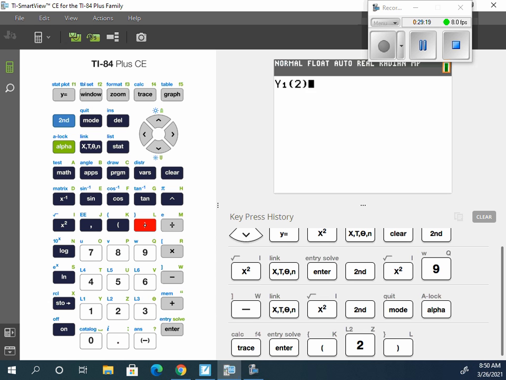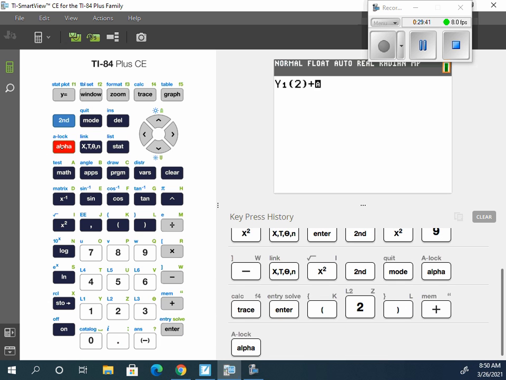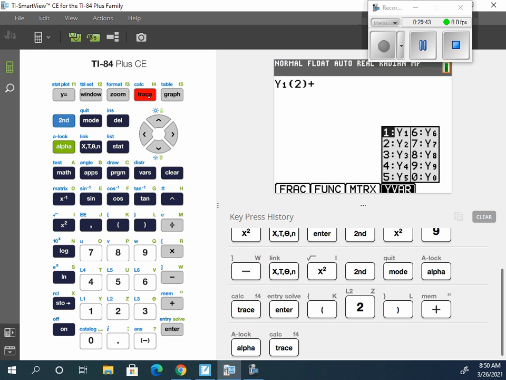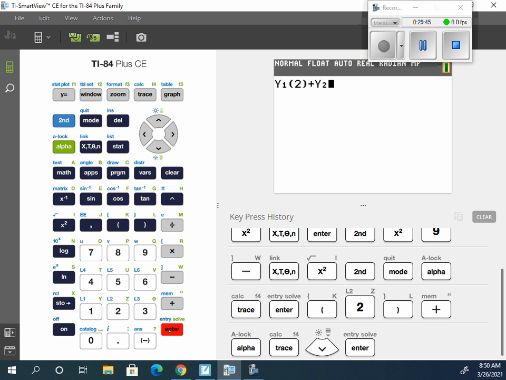What this is telling the graphing calculator is that I want you to take the function we plugged in for y1, the square root of x, and plug 2 in for x. If we were to hit enter, it would tell us what the square root of 2 is. What we're going to do is plus alpha trace, and I want to go down one to y2 and hit enter.